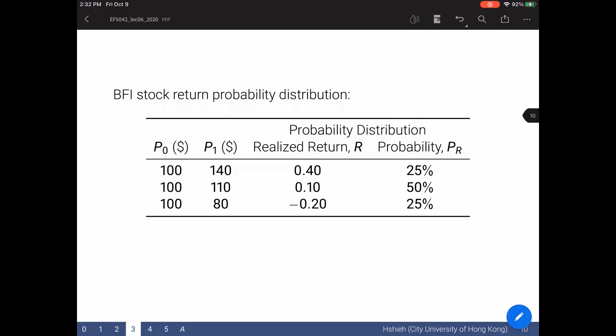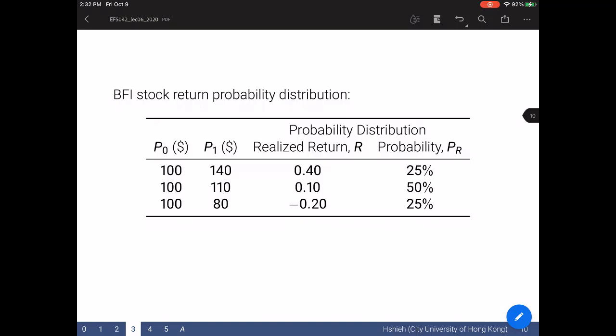Okay, so given this information, we should be able to know the mean return of the stock and also its variance. And these are our ways to capture risk and return in this class.